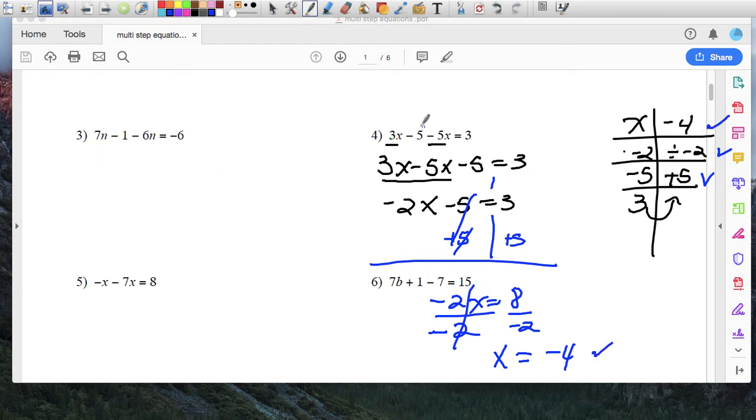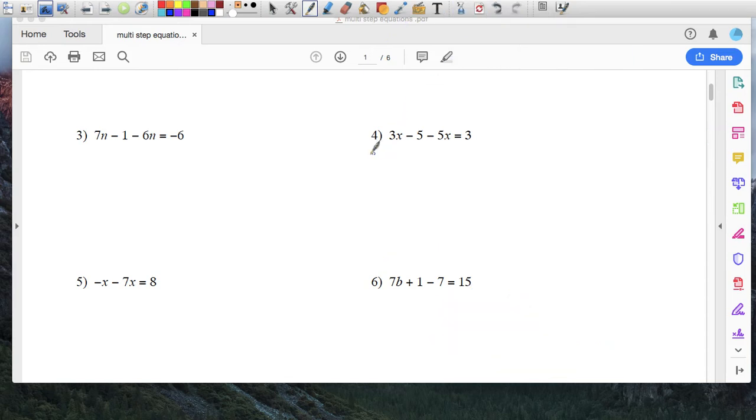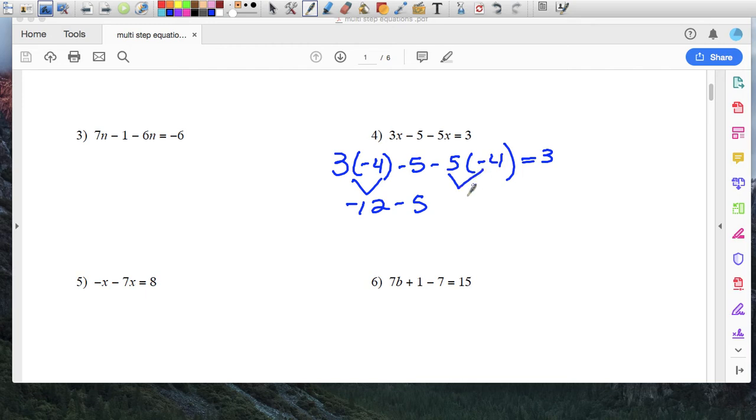Substitute. In place of the x, I'm going to erase everything here, and put negative 4 minus 5 times negative 4 again equals 3. So all that should equal 3. This is negative 12. Minus 5 is just going to do nothing. And negative 5 times negative 4 is positive 20. And that should equal 3. Negative 12 and negative 5 is the same thing as negative 12 plus negative 5, which gives me negative 3.